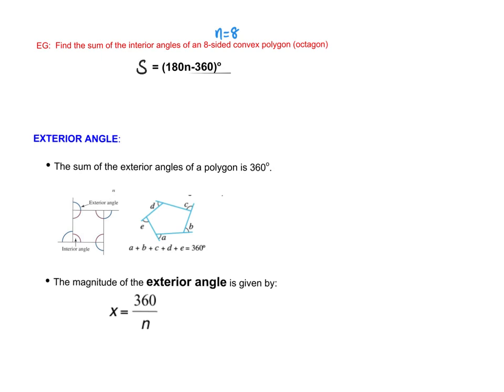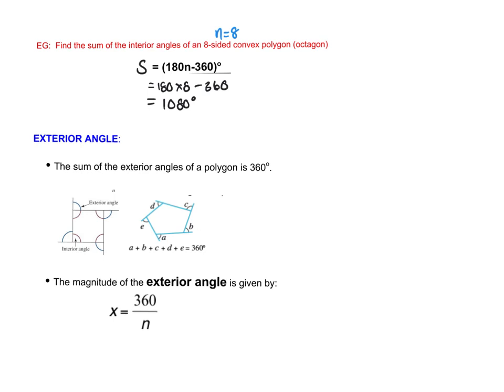I'm just going to use this bit. So the sum will equal 180 times 8 minus 360. If you do that, we get the sum of all the angles inside of an octagon add up to 1080 degrees.